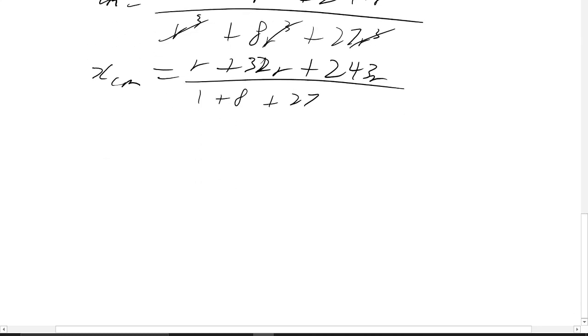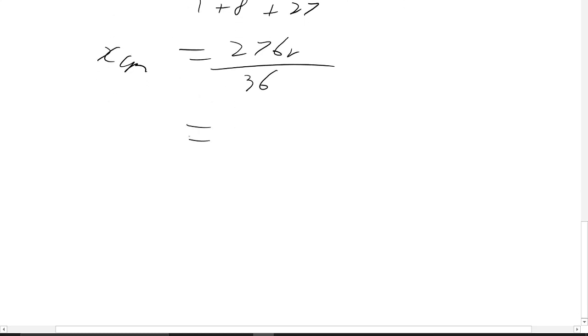And now we can add r plus 1 plus 32 is 33. 33 plus 243 is 276r. And then the bottom 1 plus 8 is 9. 9 plus 27 is 36.